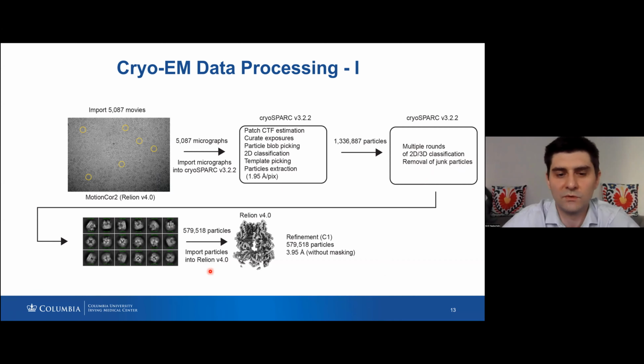When we do just 2D classification, sometimes we can get rid of some rare oblique views. So after this small round of 2D and 3D classification, we end up with almost 600,000 particles, and the resolution is about 4 angstrom when we run refinement after importing everything back into Relion after this junk removal.